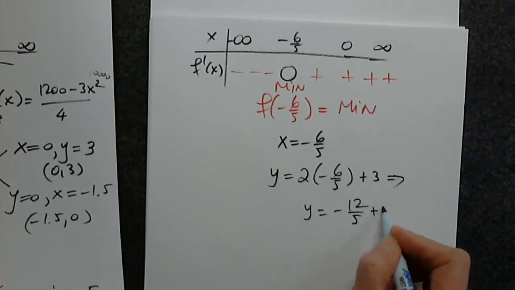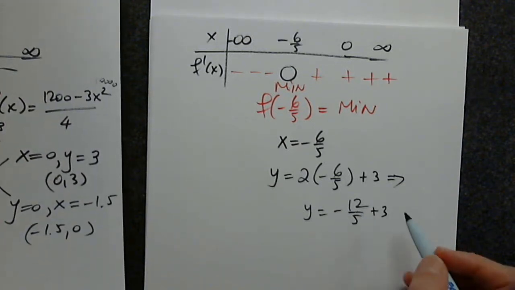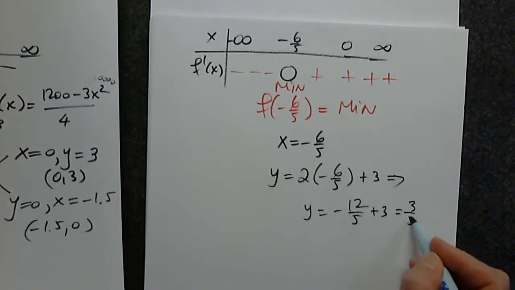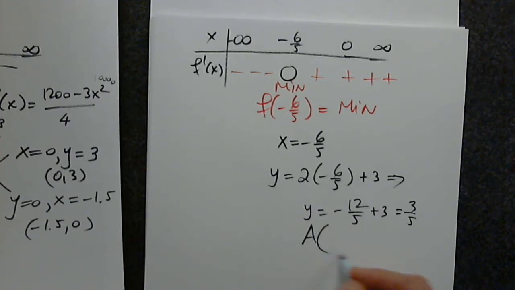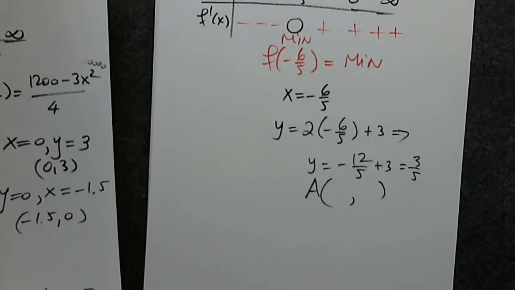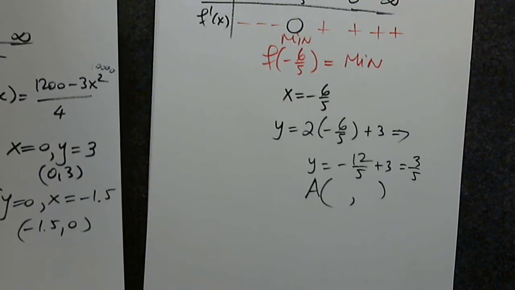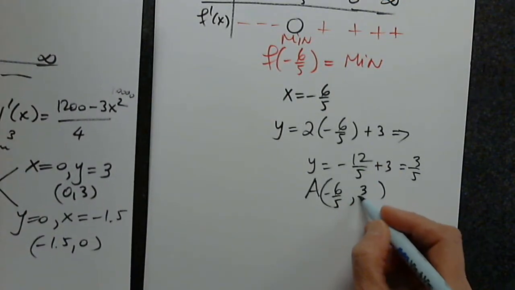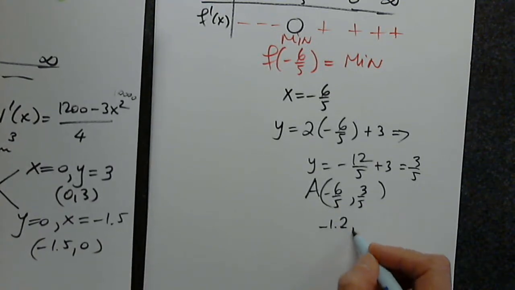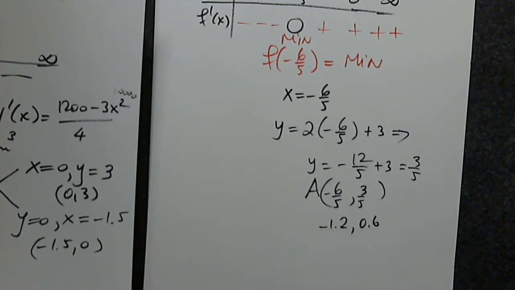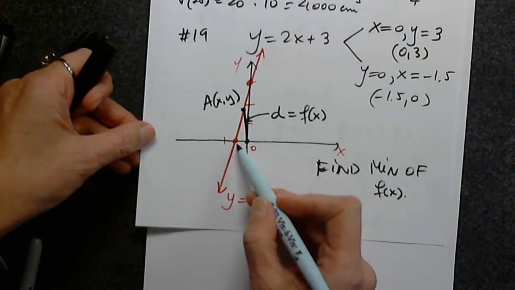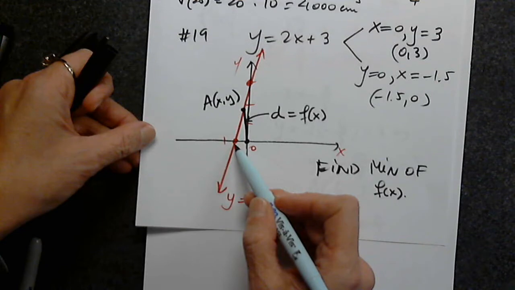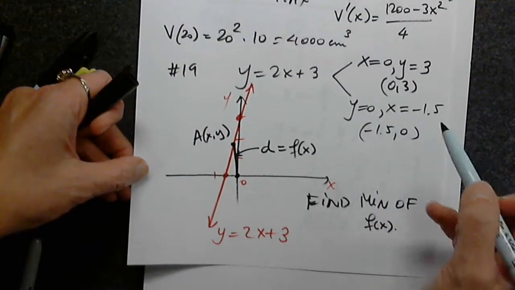Negative 12 over 5 plus 3. 15, right? 15 minus 12, so it's 3/5. So the point A that will be at the minimum possible distance from the origin will have coordinates negative 6/5 and 3/5, negative 1.2 and 0.6. So here it is.